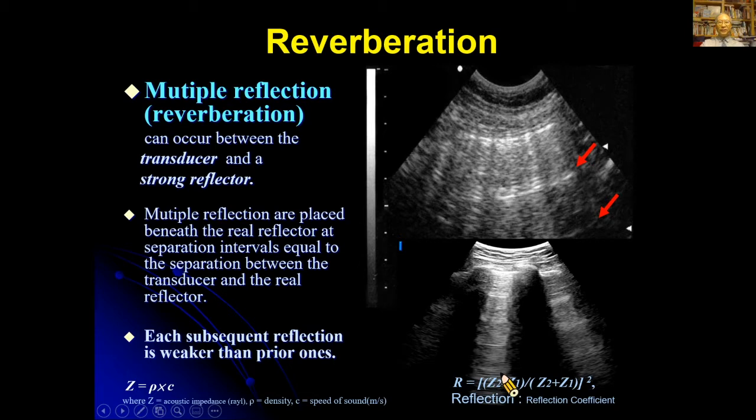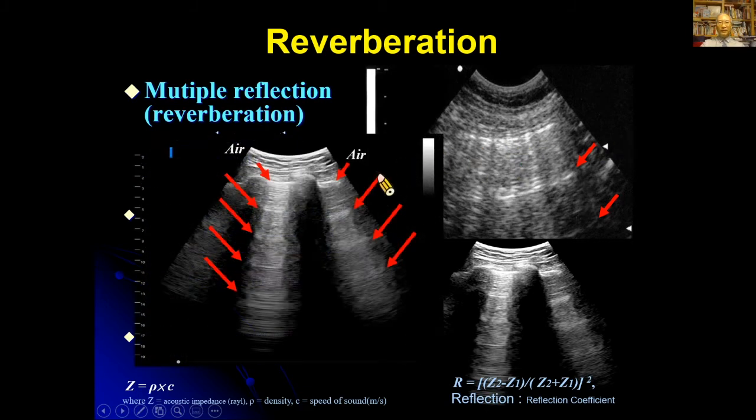This kind of artifact is a kind of reflection one by one, and each subsequent reflection is weaker than the prior one. It's because of the reflection between the transducer and the strong reflector here, for example, the lung, air. So air is the real one, and the others are reverberation artifact.